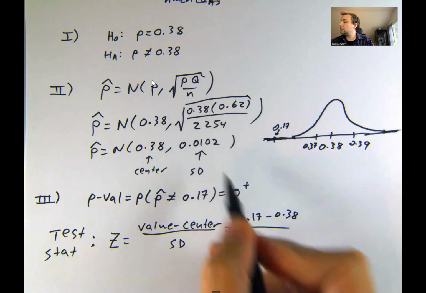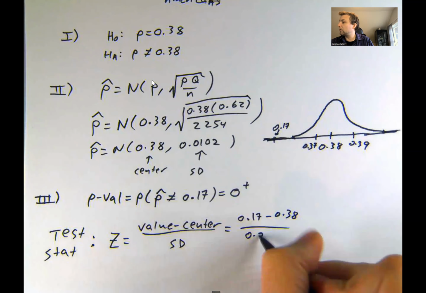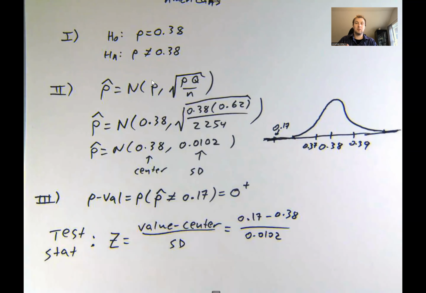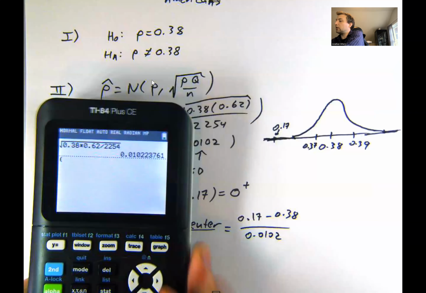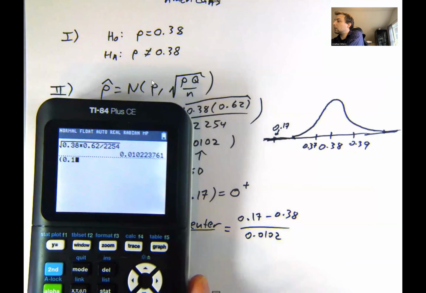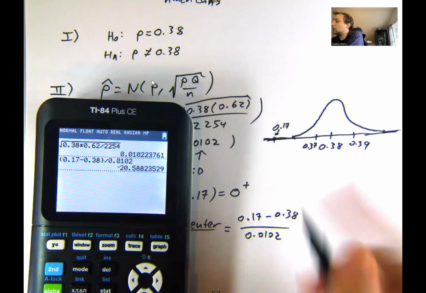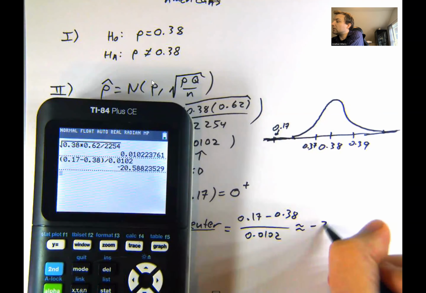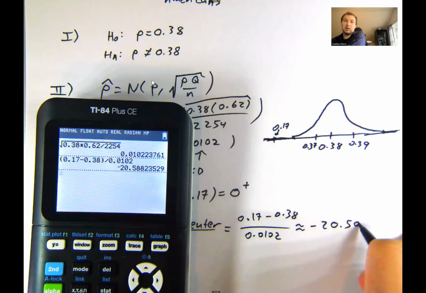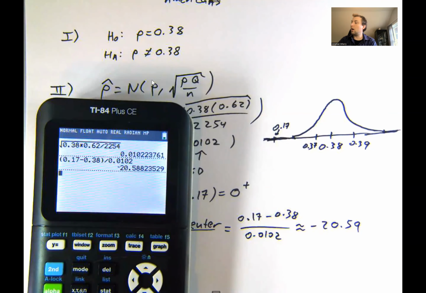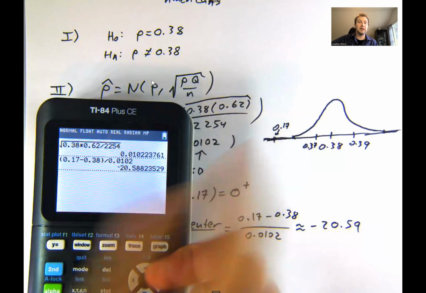And our standard deviation is 0.0102. Already, I can see that this thing is way, way off the charts rare. So I'm not going to be too alarmed if I get a weird looking z-score, for example, negative 20.59, because it is a long, long ways away from that center.